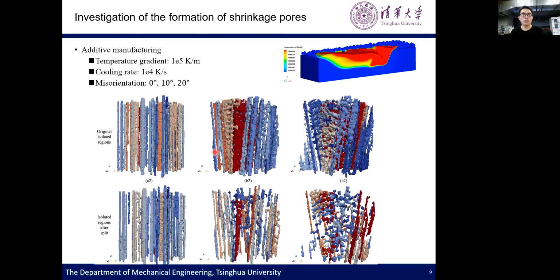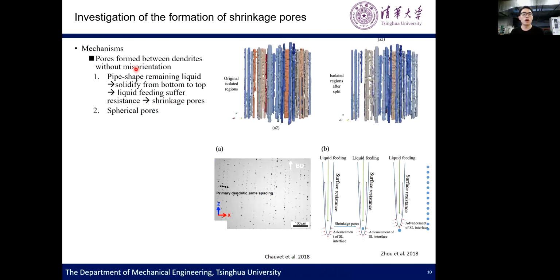The first line is the isolated regions generated when the overall solid fraction reached 90%. And the second line is the isolated regions when the calculation domain completely solidified.